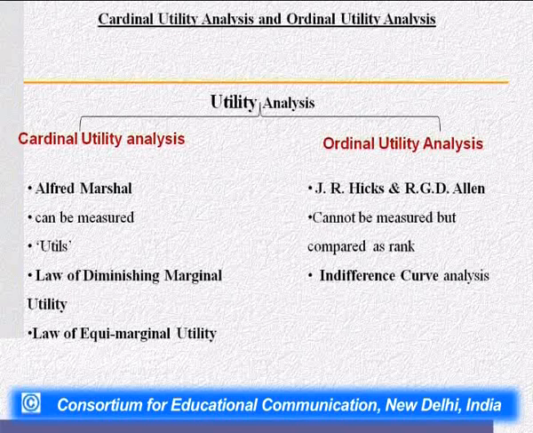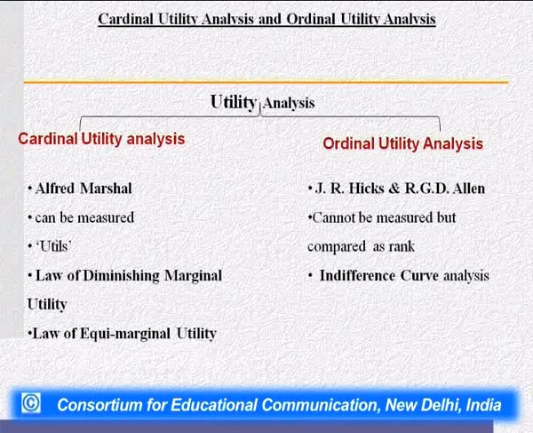One is cardinal utility analysis, which Alfred Marshall suggested, that utility can be measured with the help of utils. Under this approach there are two concepts: the law of diminishing marginal utility, and the law of equi-marginal utility.